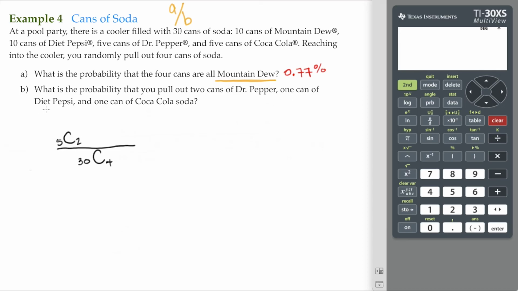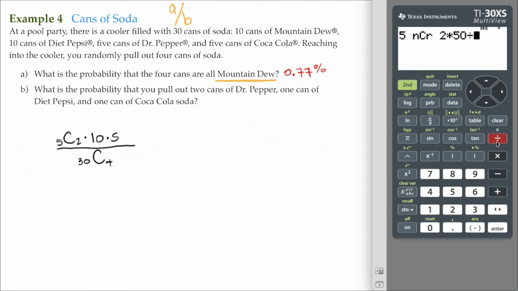One can of Diet Pepsi. That's going to be 10 choose 1, and 10 choose 1 is 10. And 1 can of Coca-Cola. So that's going to be 5 choose 1, and 5 choose 1 is 5. So then on our calculator, I'm going to do 5 choose 2 times 10 times 5, which is 50.